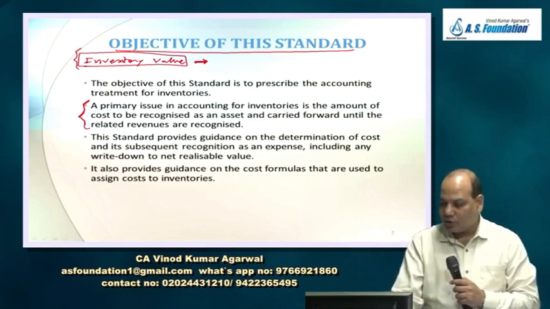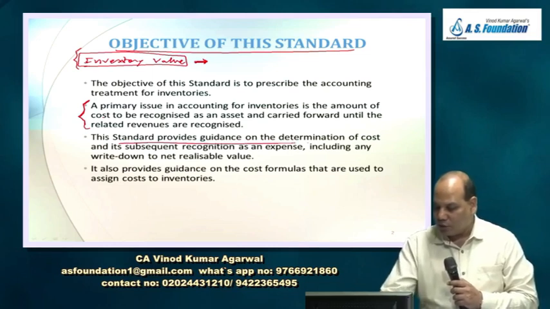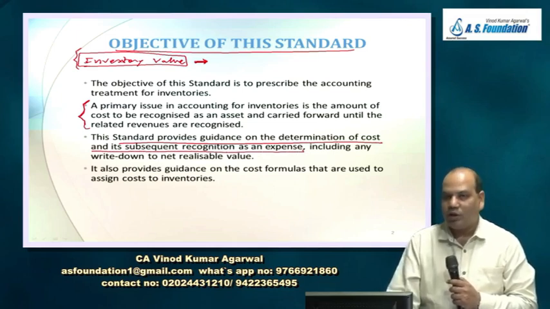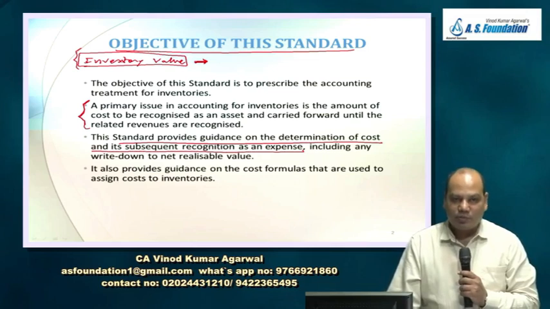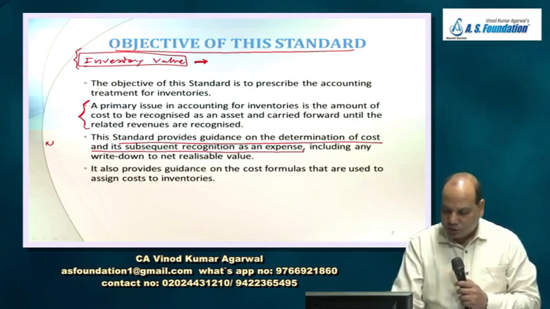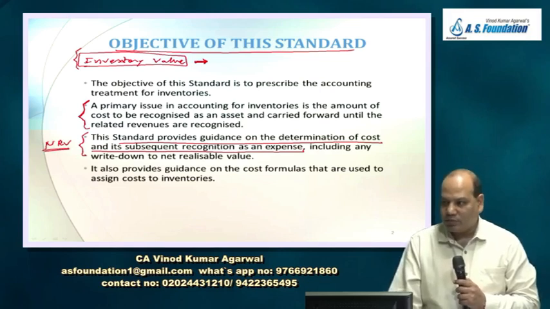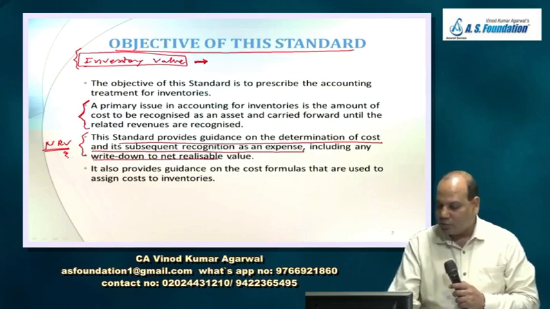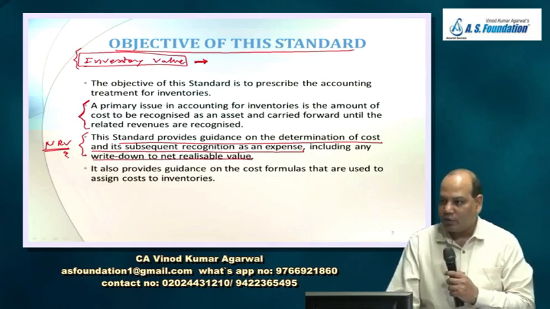The focus of the standard is on valuation of inventory, that is, determination of cost and subsequent recognition as expense, including any write down to net realizable value. This we will discuss in a later part, why inventories are written down to net realizable value.